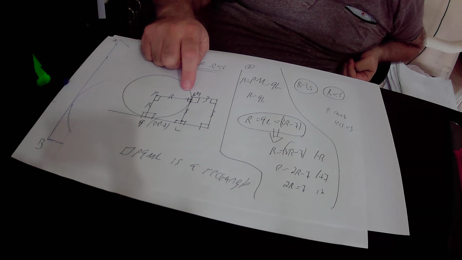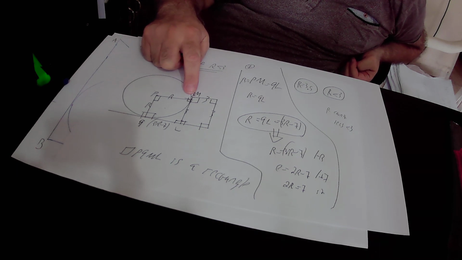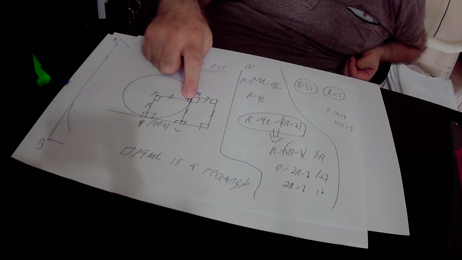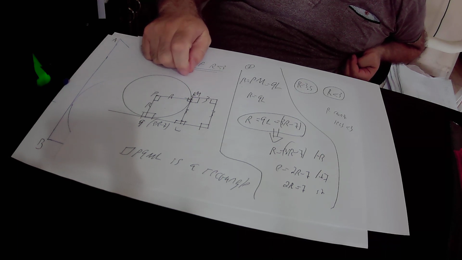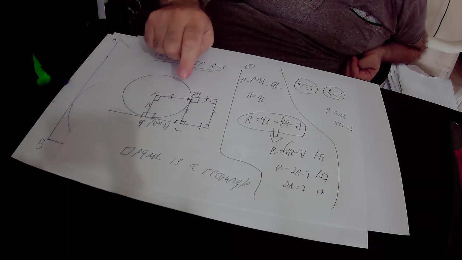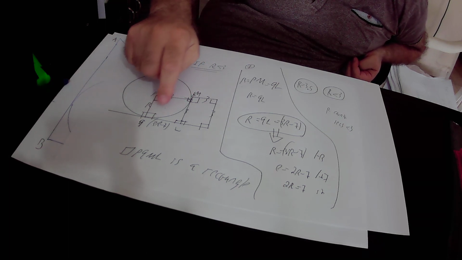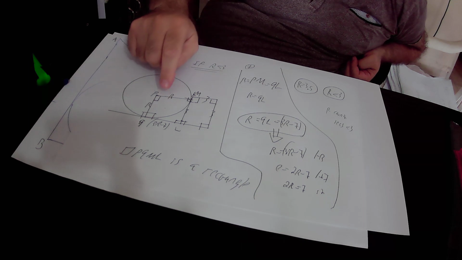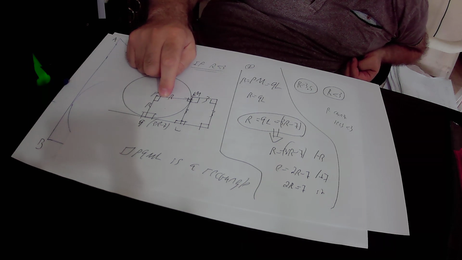According to rule number 1, the radius here is drawn to the point of tangency, therefore this angle will be equal to 90 degrees. So inside quadrangle PMQL we have 1, 2, 3 right angles, therefore the fourth angle must also be equal to 90 degrees.